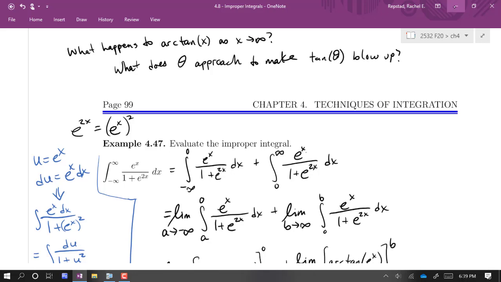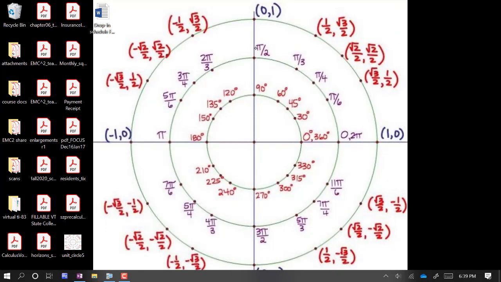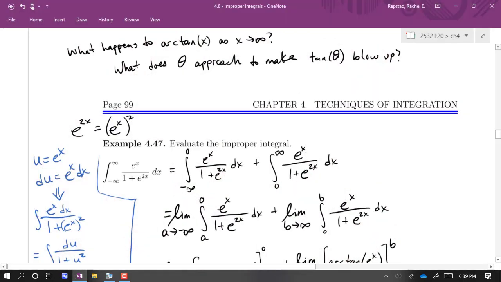So if we look at the unit circle here, remember that tangent is sine over cosine. So the only way to make a fraction blow up, there's two ways. One is that the numerator could blow up, but we know that doesn't happen because sine is bounded, right? Sine is never bigger than 1 or less than -1.